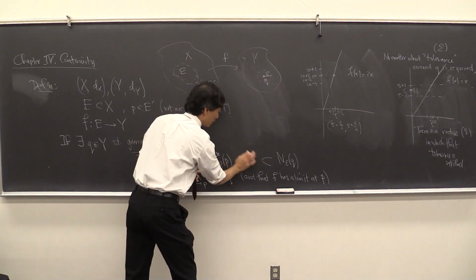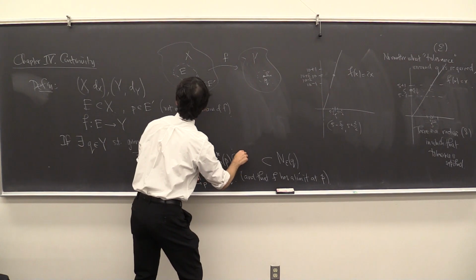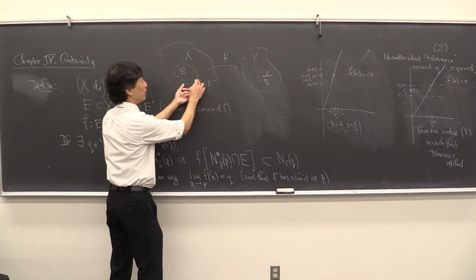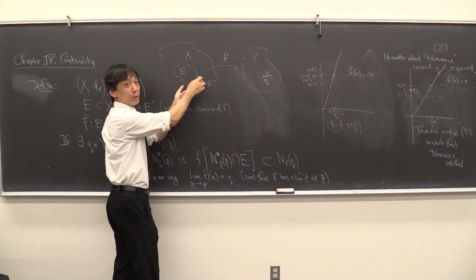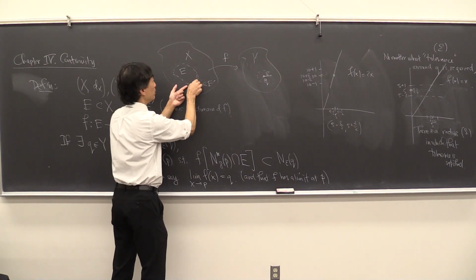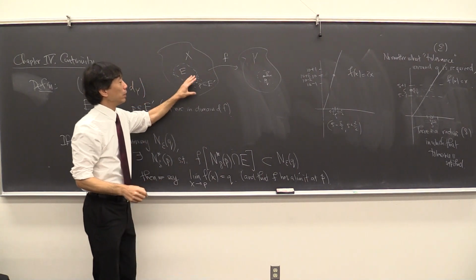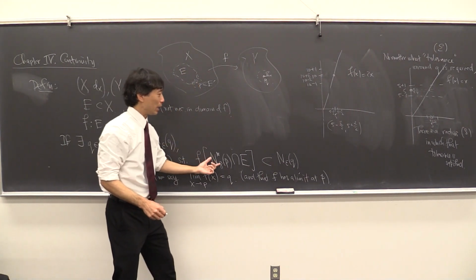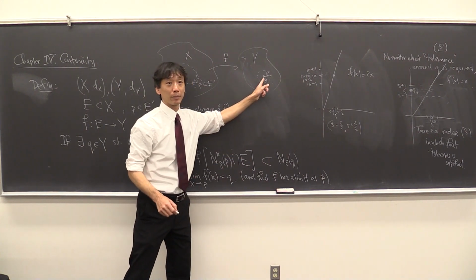I messed up a little bit. This should be punctured neighborhood intersect E, because the function might not be defined on the whole punctured neighborhood. But at least on the punctured neighborhood intersect E, intersect the domain, everything that's reasonable to take a value of, when you take that value, it's contained inside of here.